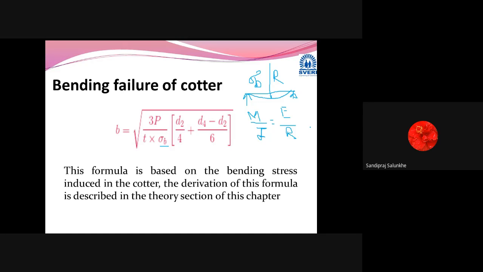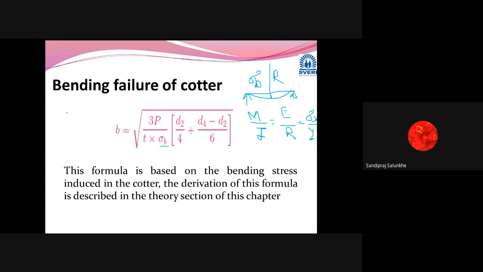Y is the distance of that layer from the middle layer.